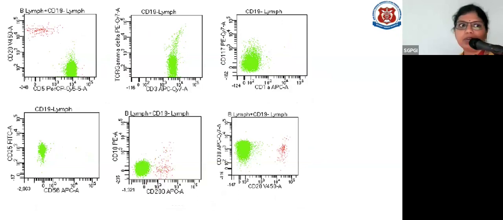Then you can see here 20 is negative and the cells are expressing 5. They're expressing 3. And your cortical markers, 1A is negative, 56 is negative, and they are expressing some degree of 38, and 10 is negative.